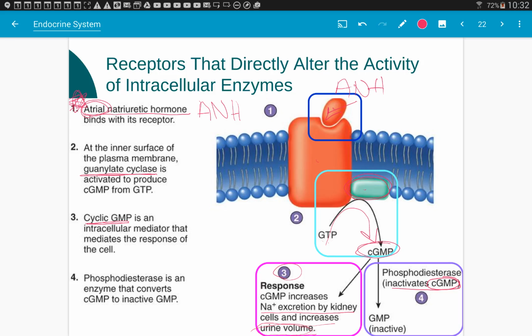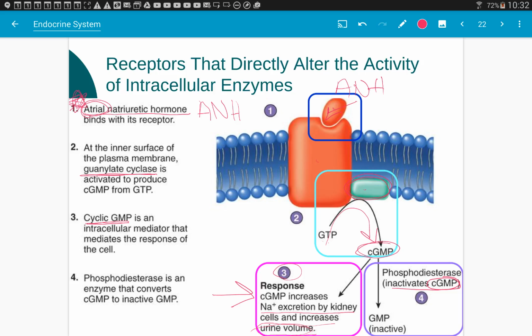It's important to know if atrial natriuretic hormone is released, what is going to happen? What's the final response? I don't need you to know every little step, but I do need you to know what happens as a consequence. Okay, so if atrial natriuretic hormone is released, ultimately that causes sodium to be excreted out in the kidneys, which then, if we follow concentration gradients, water is going to follow the sodium.